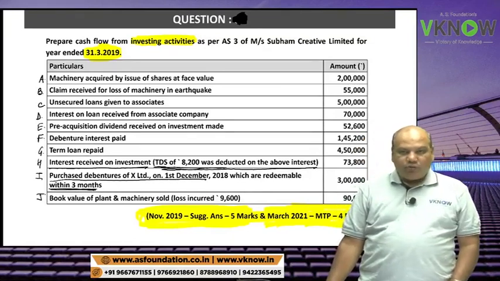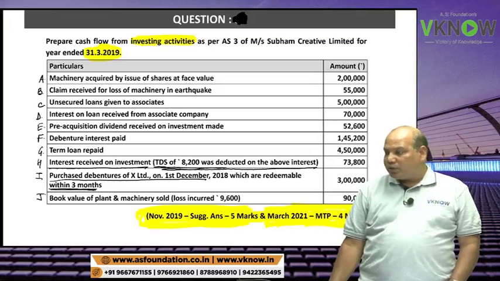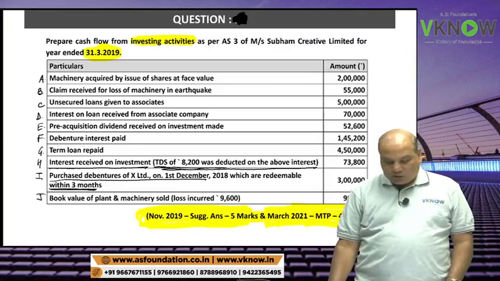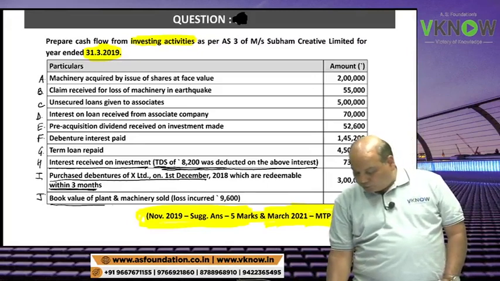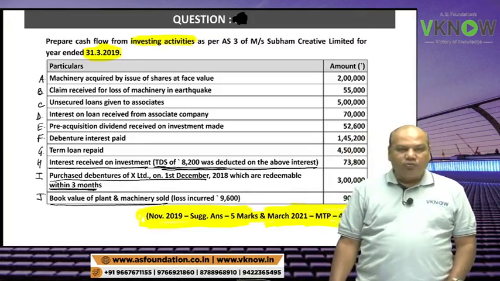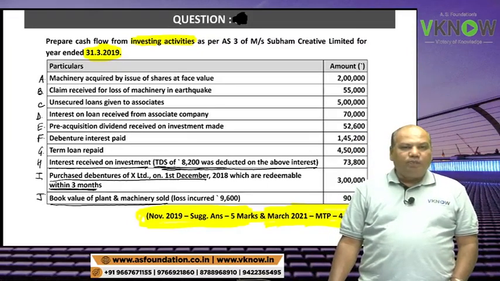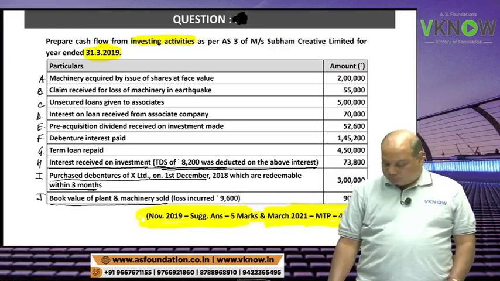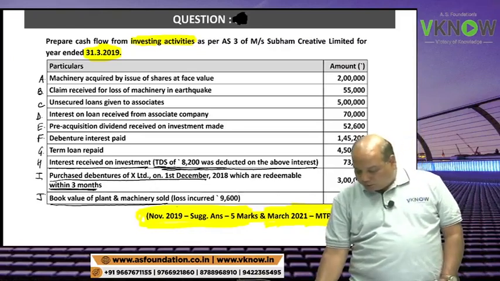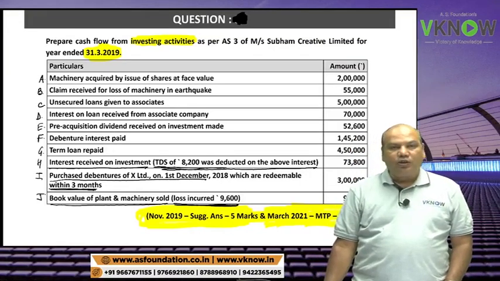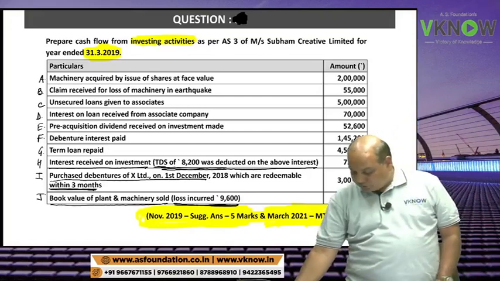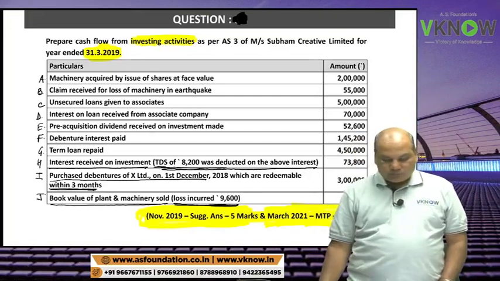Underline, which are redeemable within 3 months. Point J, book value of plant and machinery sold, in bracket loss incurred rupees 9,600, is 90,000.